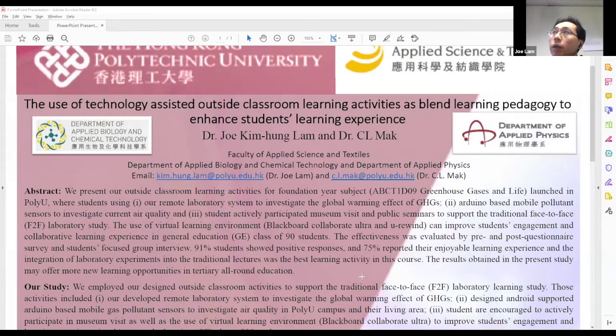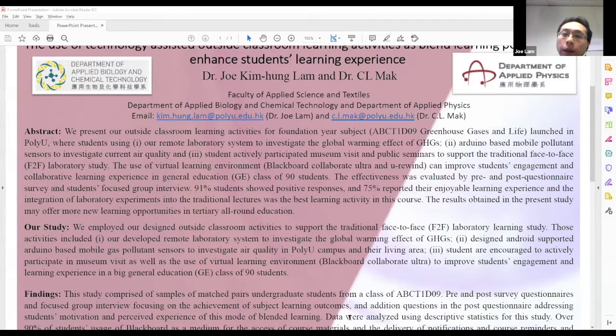This is work that we have done between two departments, ABCD department and Applied Physics at PolyU. We are trying to make use of a remote lab platform developed by Dr. Xiaomac. I tried this project in my general education subject, ABCD2009.